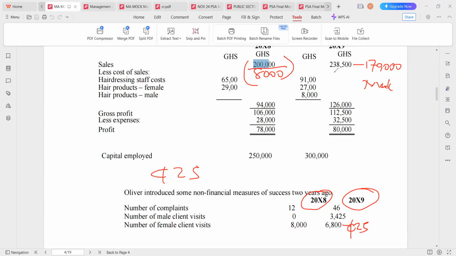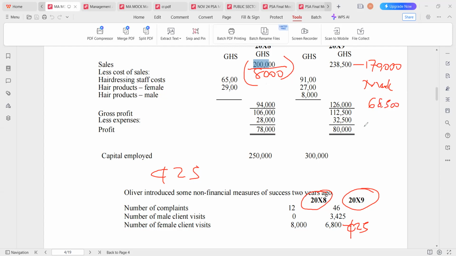So how much is left? 238,500 minus 170,000 is 68,500.